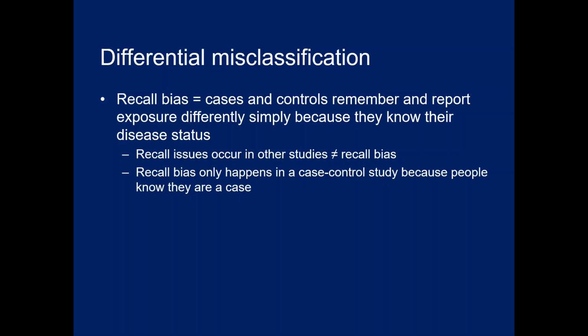Okay, so just to clarify, if we're doing a cohort study and we are asking people to remember what they ate in the last month, they may have trouble recalling that, but that is an issue of recall. It is not recall bias. Recall bias only exists in a case control study, and it refers to the fact that cases and controls will remember and report differently purely because they are a case.